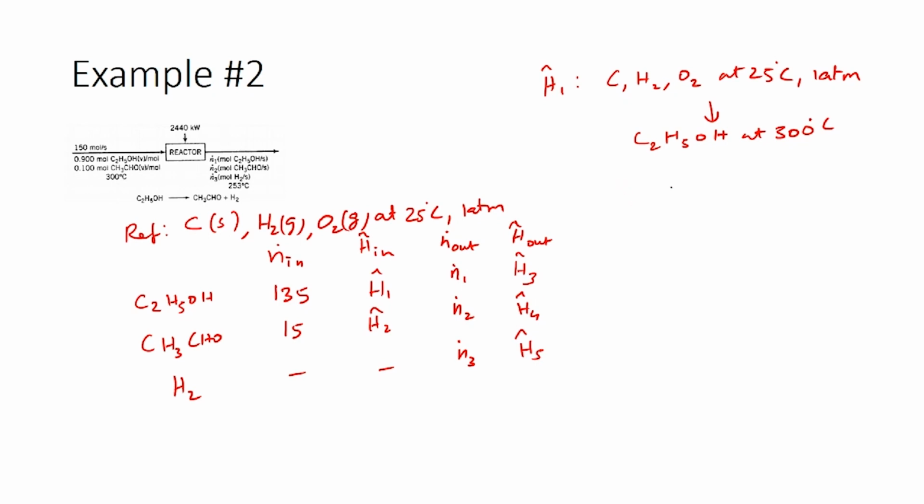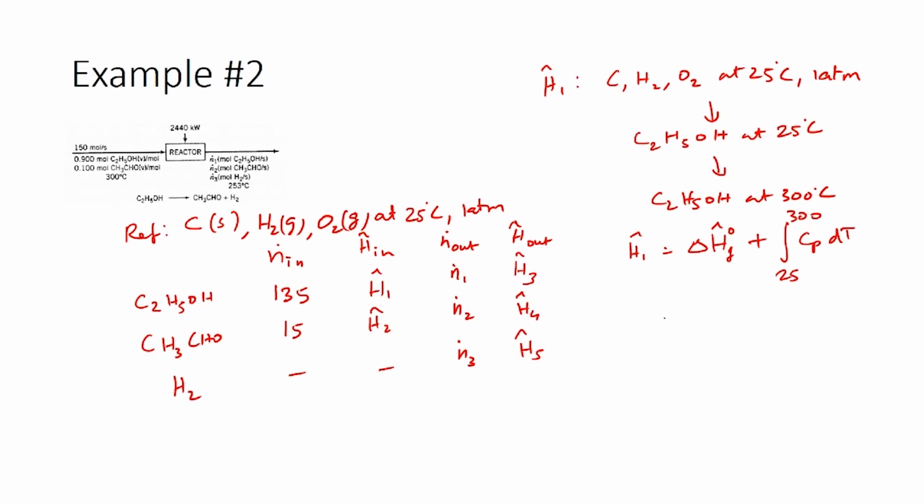So, you have this going to ethanol at 25 degrees Celsius and then to ethanol at 300 degrees Celsius. From here you can calculate H1 cap: the first step is the heat of formation. The standard heat of formation for ethanol gives the enthalpy of the first step, plus the integral of Cp of ethanol dT from 25 to 300 degrees Celsius.